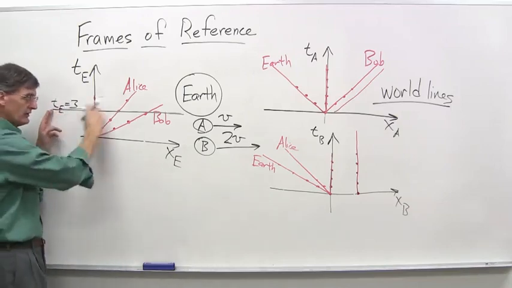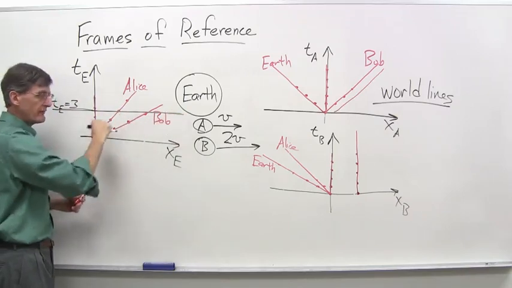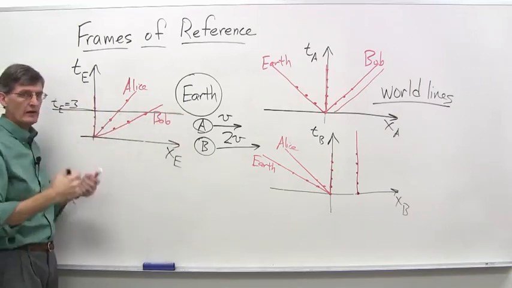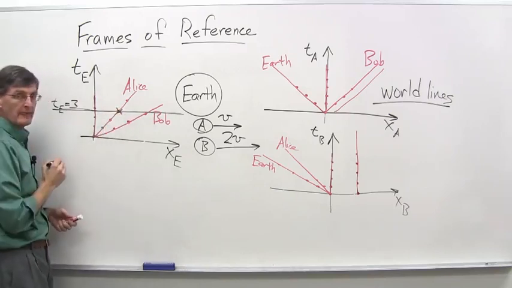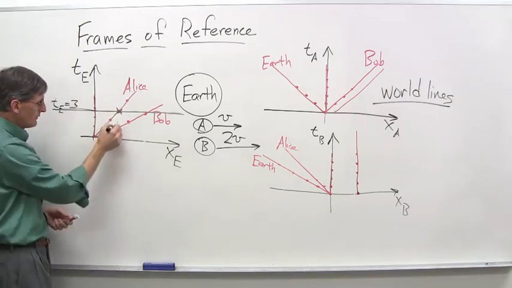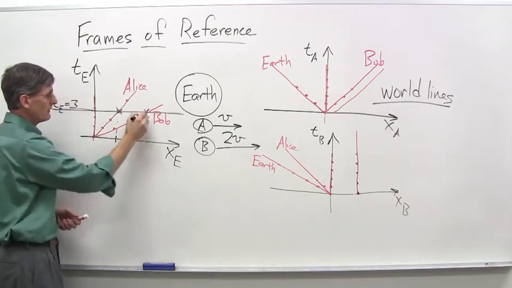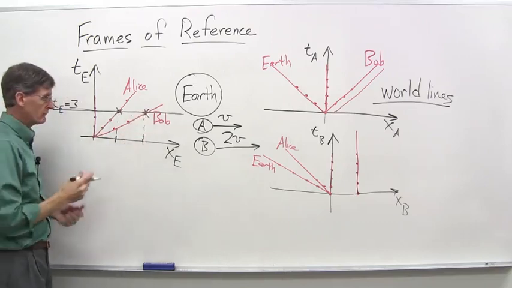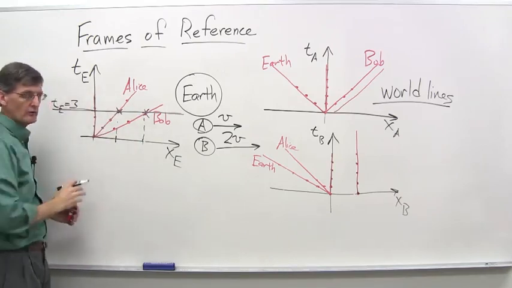So this is the T equals 3 line. And if I look at everything along that line, that represents everything that happened from Earth's perspective at T equals 3 seconds. So Alice was at this position right here at T equals 3 seconds, whatever that mark is on the x-axis. Bob was at this position right here at T equals 3 seconds. Our clocks took a photograph at that point in time and noted their position.